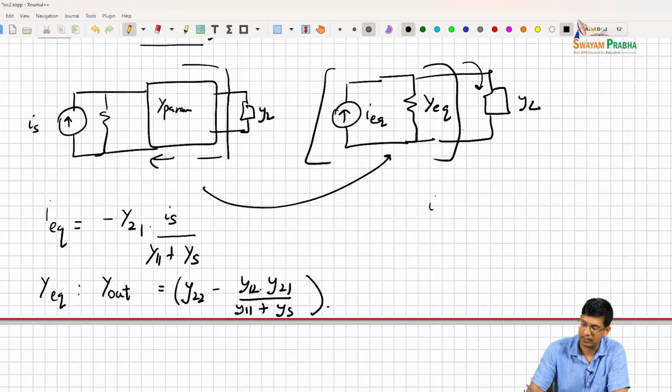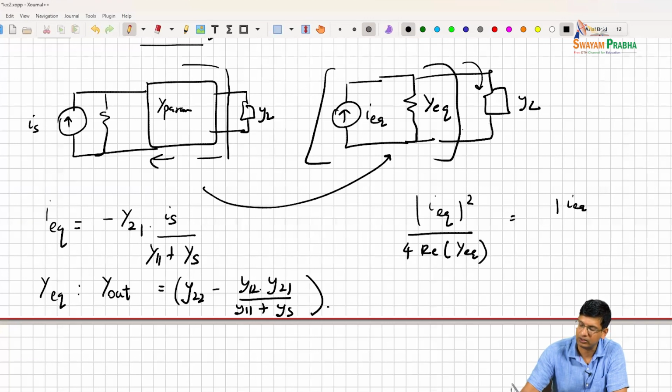the load will simply be IEQ squared divided by 4 real part of YEQ, which is the same as IEQ squared divided by 4 real part of Y out.